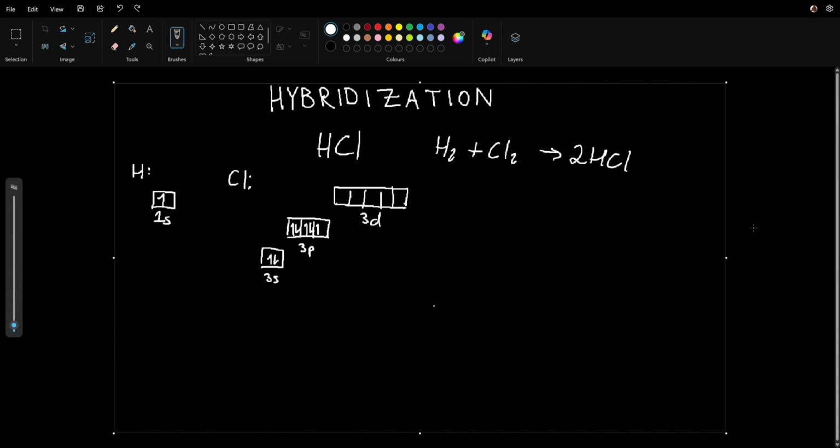So the p orbital in chlorine has two lobes, and when the bonds form, there's one chlorine lobe that overlaps with the one S from the H. So if we go back to our valence bond theory, we have our hydrogen, and then we have our chlorine, which is a P. So we go like this, and then we have one like this, and then this is chlorine, this is hydrogen, and they form this funky shape.